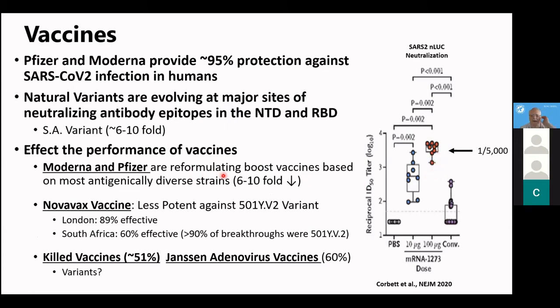I think Moderna and Pfizer will most likely not be impacted by the current variants, because most people mount really high neutralizing titers with the mRNA-based vaccines, in the top quartile of natural infection. Novavax is about 89% or 90% effective. But in South Africa, the South African variant broke through and reduced the efficacy to about 60%, and most of those were the variant that broke through and killed.